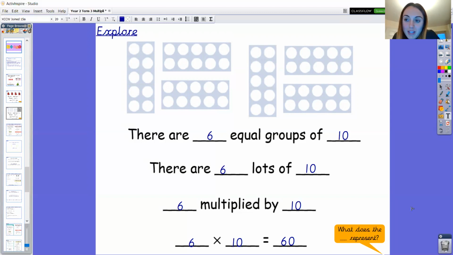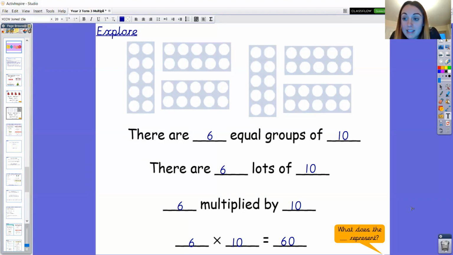Okay, I'm going to ask you some questions now, so please pause the video after each question. What does the number 6 represent? Well done. The number 6 represents the amount of equal groups. Okay, what does the number 10 represent? Well done.